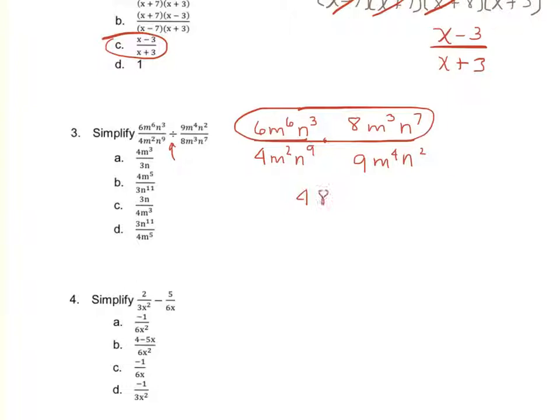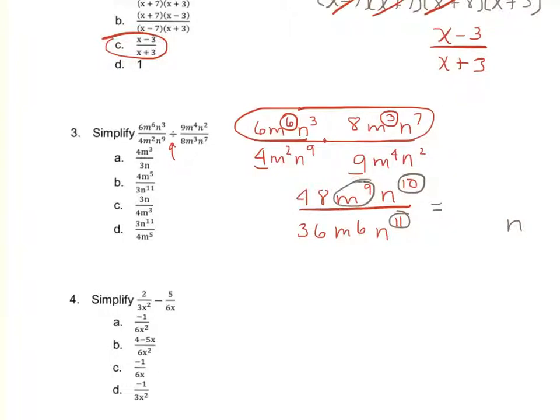That's 48. M to the 9th, because I got a 6 and a 3, those add, and n to the 10th. Down the bottom, 4 times 9, 36. M6 and 11. And now I look for common stuff to cancel out. So like I got 10 n's up here, 11 down there, so that's an extra n on the bottom.